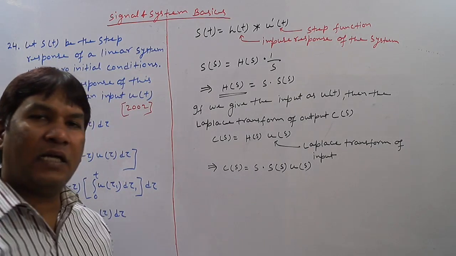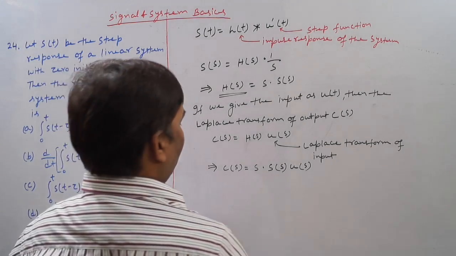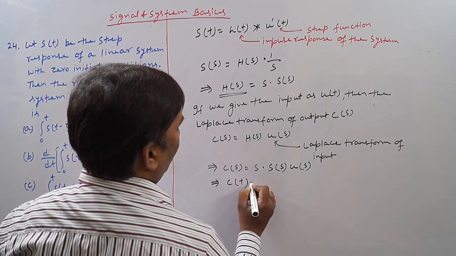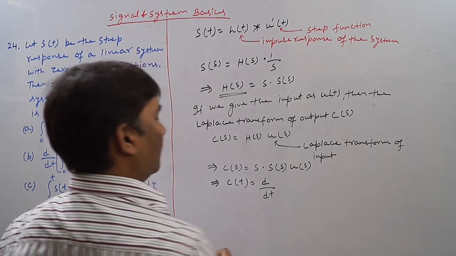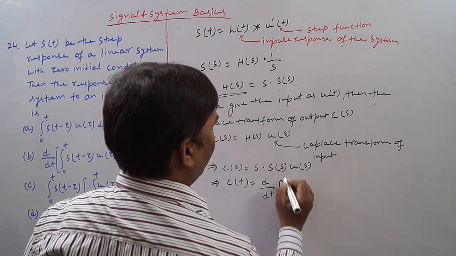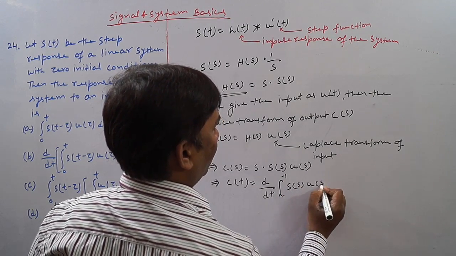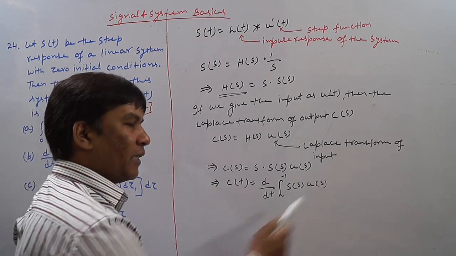Now if we take the inverse Laplace transform, since there is no initial condition, c(t) will be equal to d by dt of the Laplace inverse of S(s) into U(s). And what is the Laplace inverse of S(s) into U(s)?